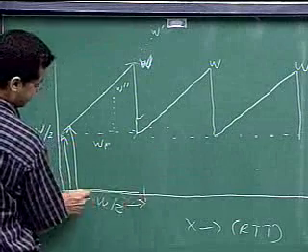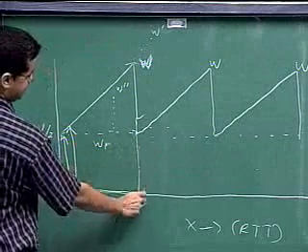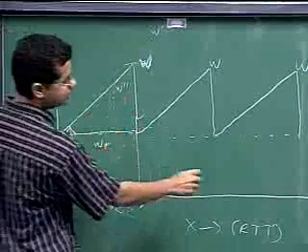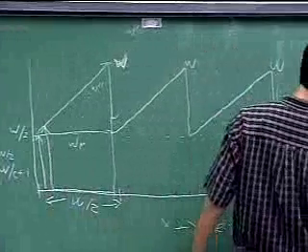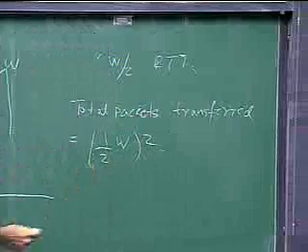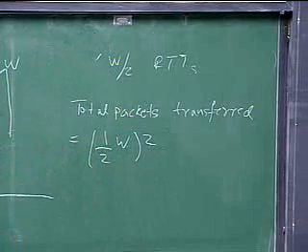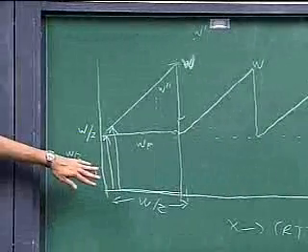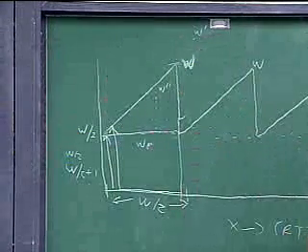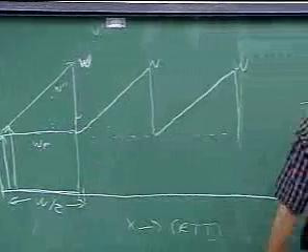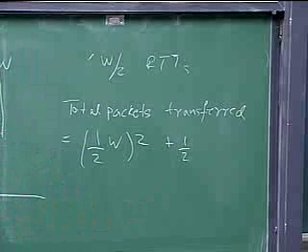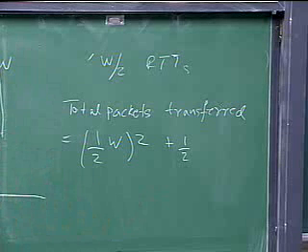This width is W over 2. So it's this square plus this rectangle. So total packets is half W square, which is this rectangle, and then one by 2 half base into altitude of this triangle.